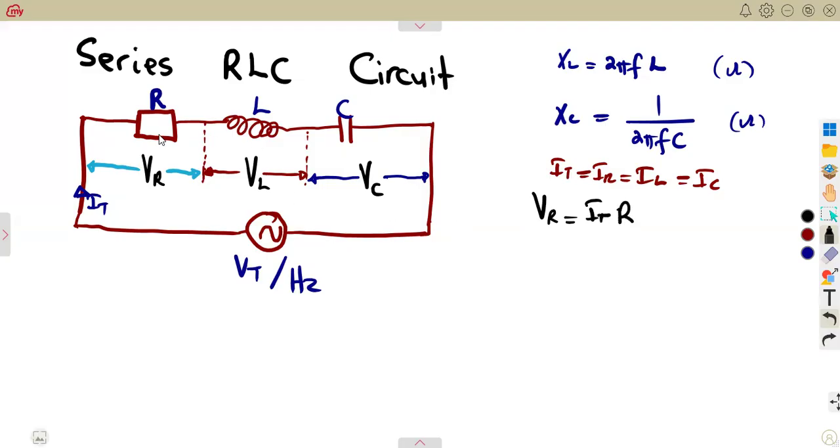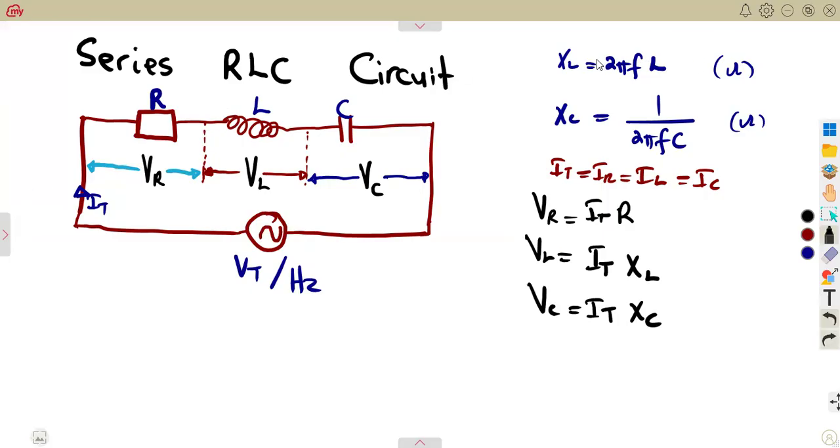For the voltage across the inductor, it is the total current times the inductive reactance, IL being the same as the total current. If you are dealing with a capacitor, you use the reactance of the capacitor, so that is total current times XC. So these are the voltages that can be determined across each component.